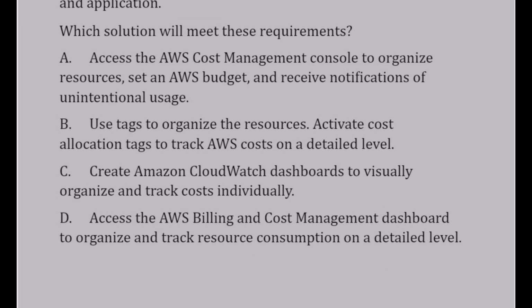Option C. Create Amazon CloudWatch dashboards to visually organize and track cost individually. Option D. Access the AWS billing and cost management dashboard to organize and track resource consumption on a detailed level. Correct answer is option B.